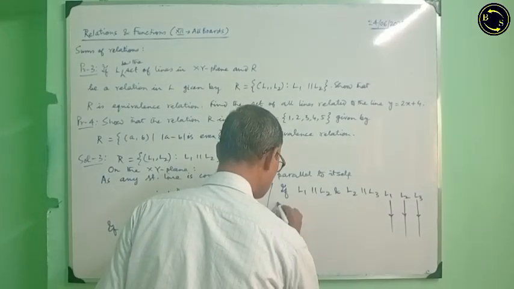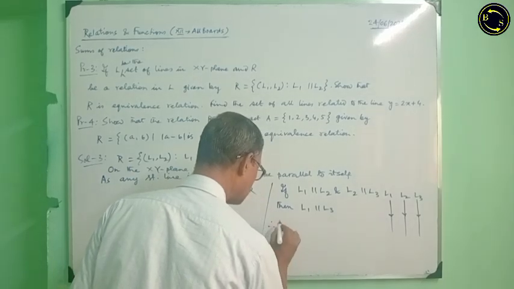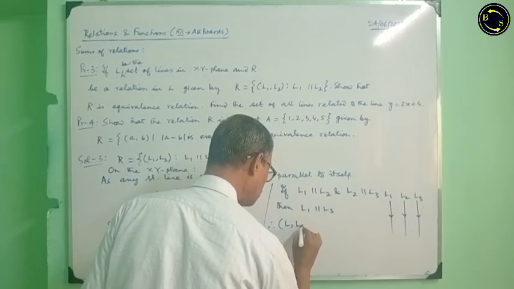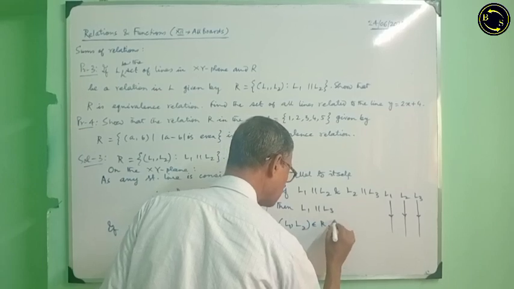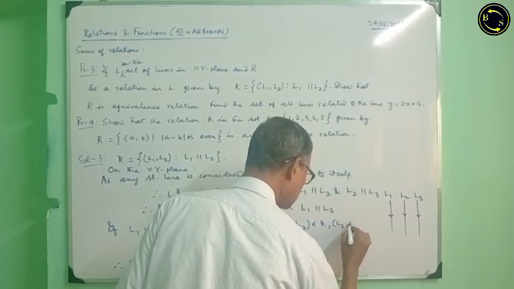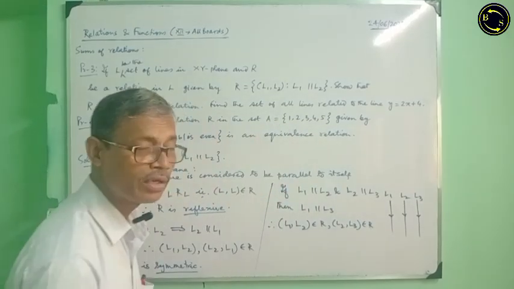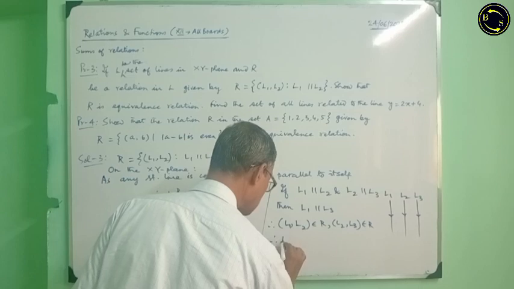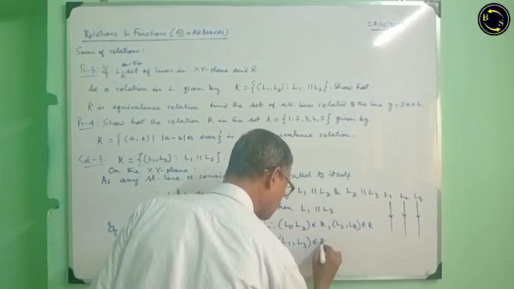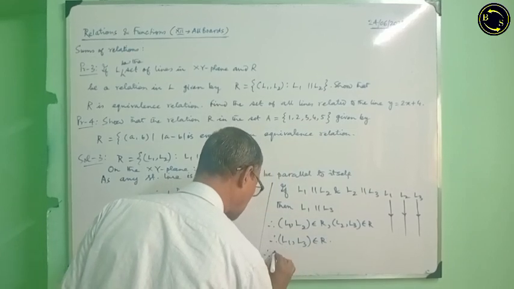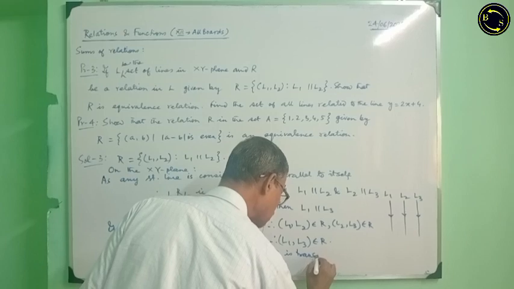Therefore, (L1, L2) is a member of relation R, (L2, L3) is also a member of R. Therefore, (L1, L3) is a member of R. Therefore, R is a transitive relation.